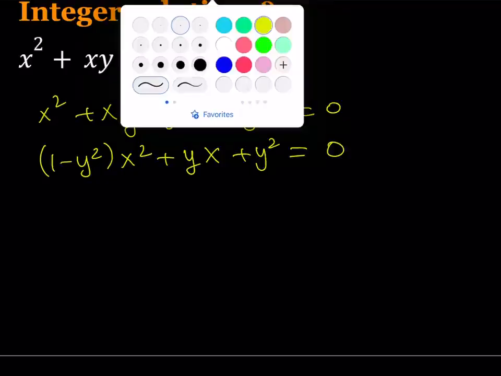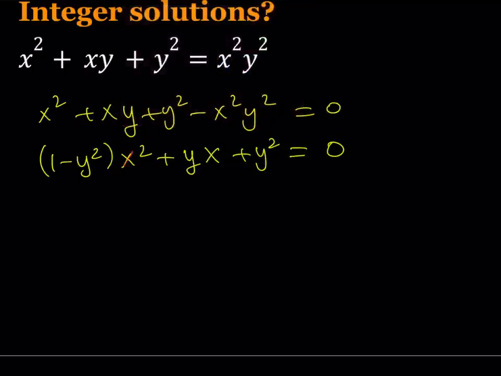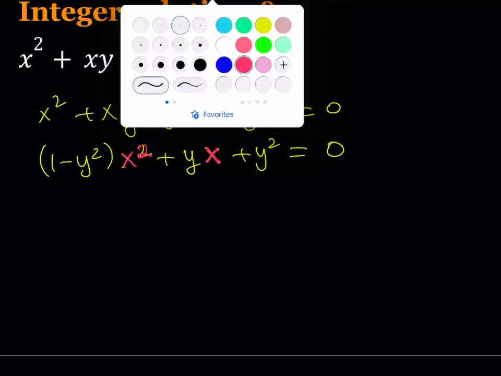Now notice that my main variable here is x, so everything else is treated as a constant. Okay, so I have a quadratic in x, and I'm going to be solving this quadratic using the quadratic formula. So let's go ahead and solve this equation using the quadratic formula.